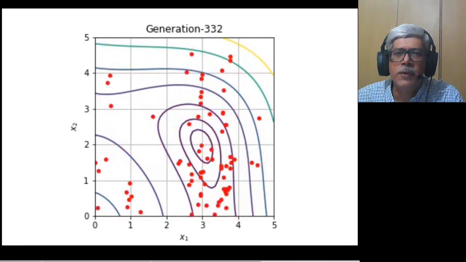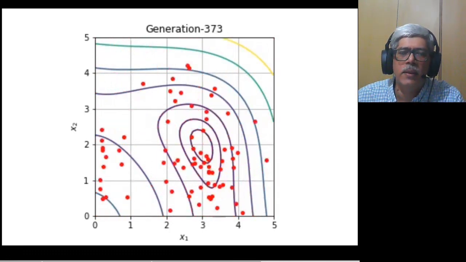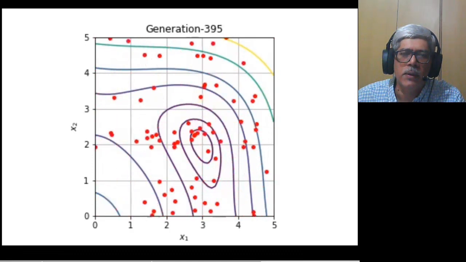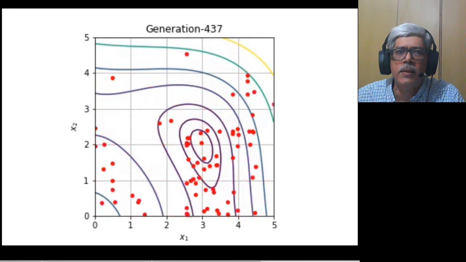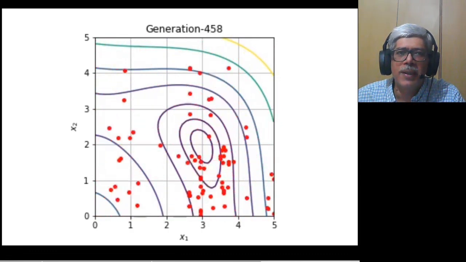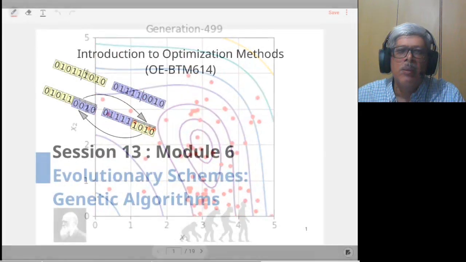So this gives you some idea. Similarly, for other parameters, like the size of population or the number of generations, you can play with them and study. It is interesting to study how the genetic algorithm responds to various changes in the parameters.